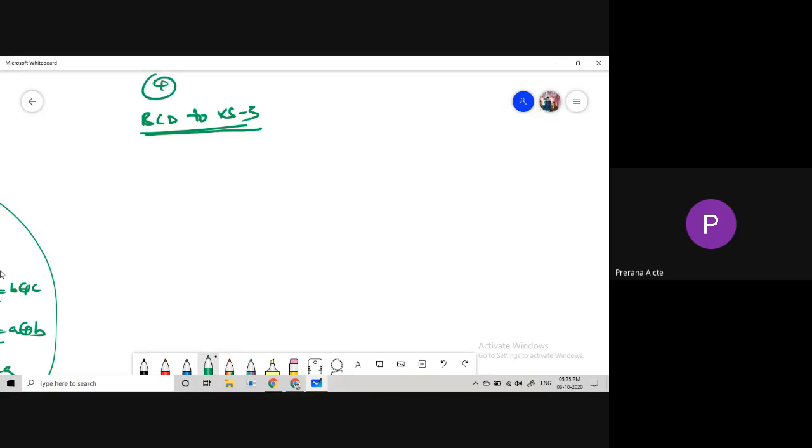The full form of BCD is binary coded decimal, so we are representing 0 to 9 only. If we take A, B, C, D as the inputs, because BCD is 4-bit data, how many possibilities are there? 16 possibilities.